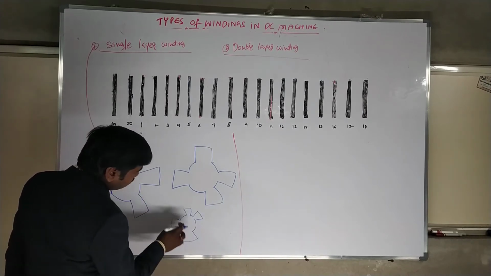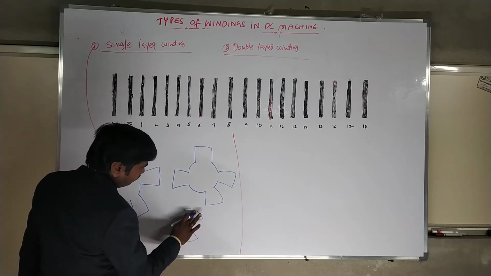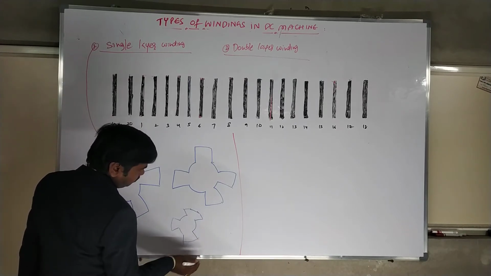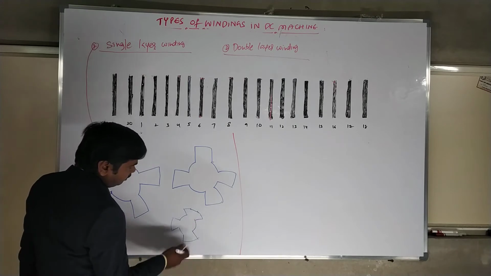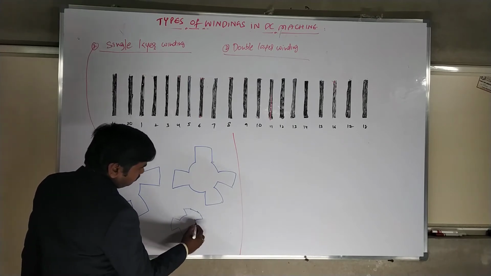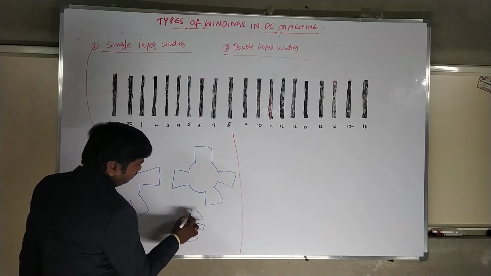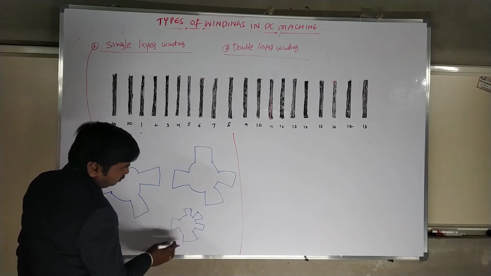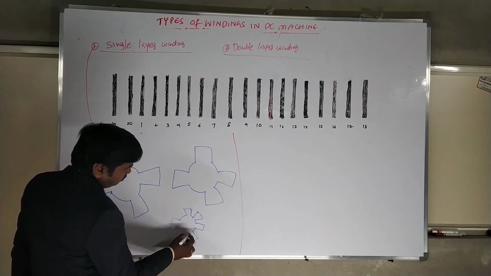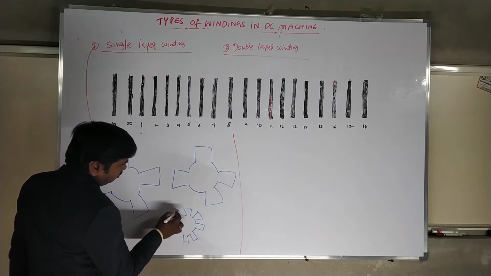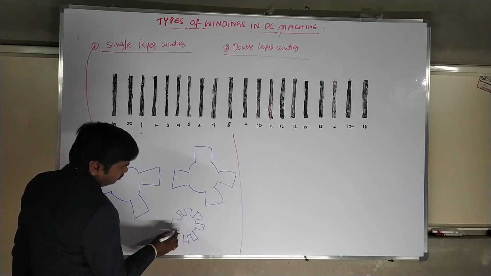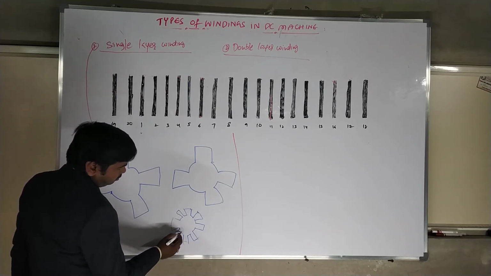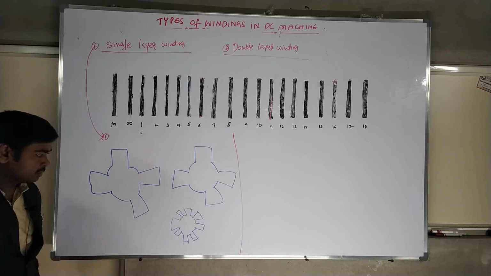Like this, things take place. If you want more slots, you can do it like this. Like this, the armature core is there.